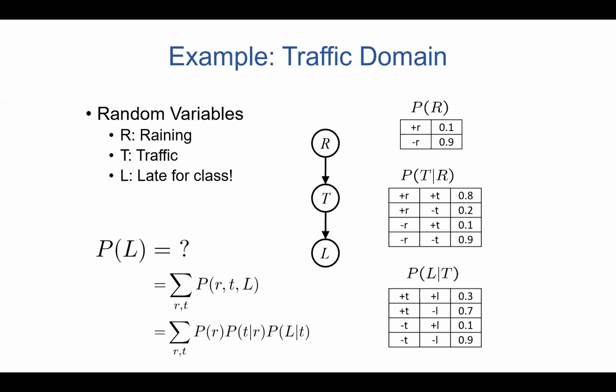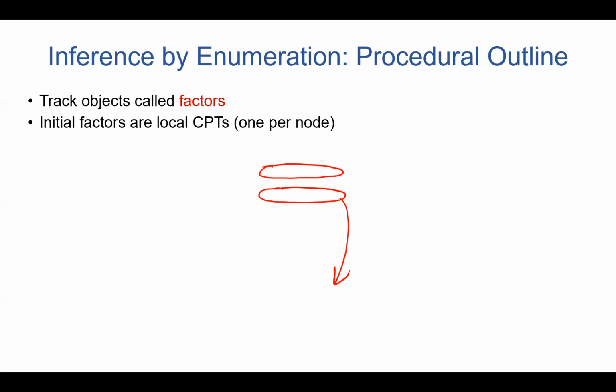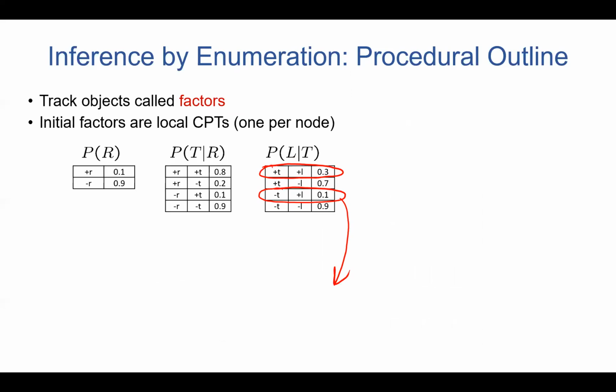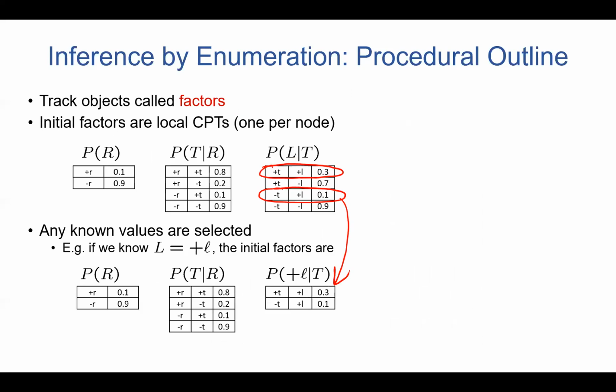But you will have to expand all of those, right? What you're doing is you're joining for R and T together, and then you are summing out with respect to R and T to get to the probability of L. That's inference by enumeration. I think we saw this example too.